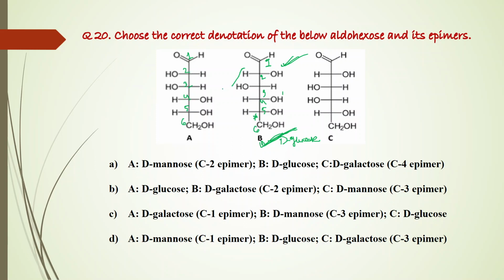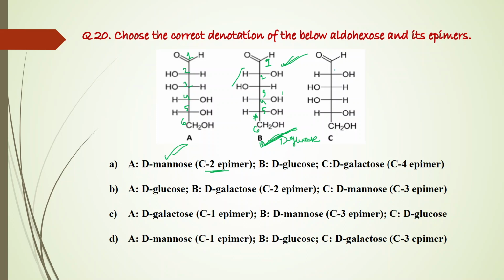So A should be a C2 epimer of D-glucose, since B is already D-glucose. What is the C2 epimer of D-glucose? It is D-mannose. So this should have been A, D-mannose, the C2 epimer of D-glucose.